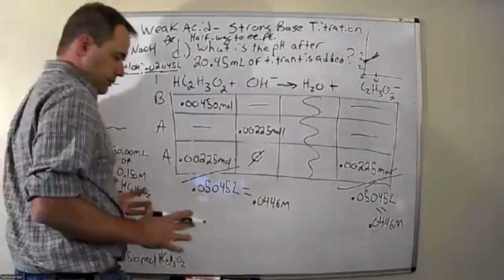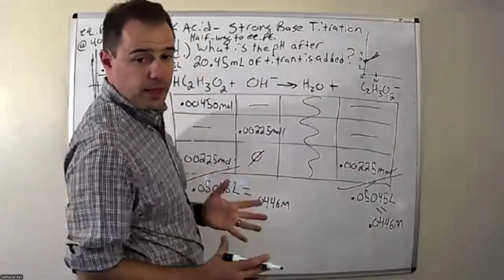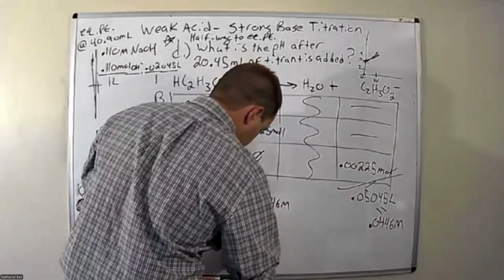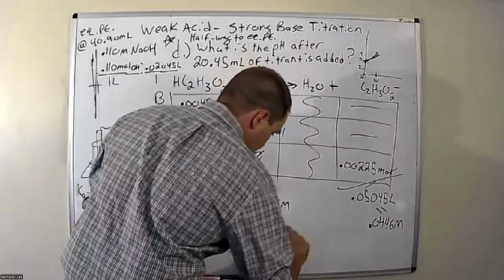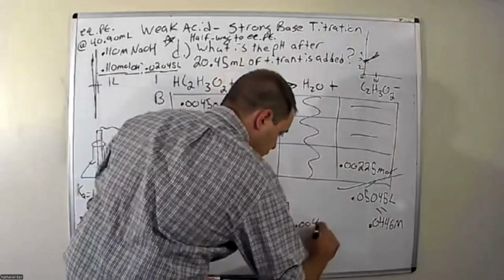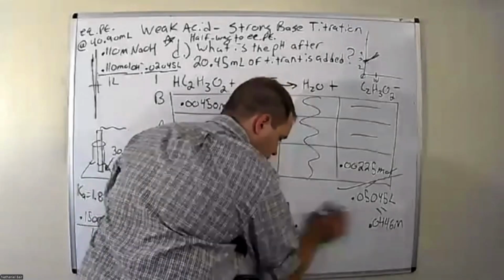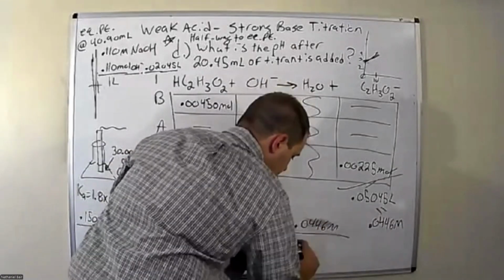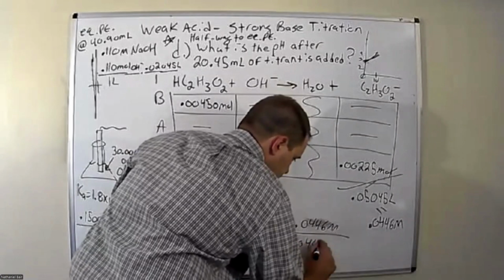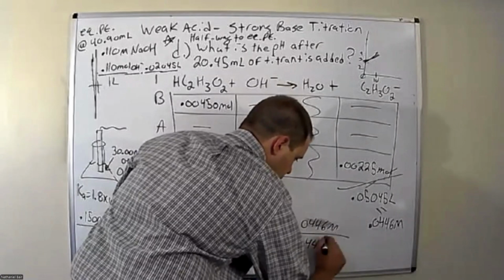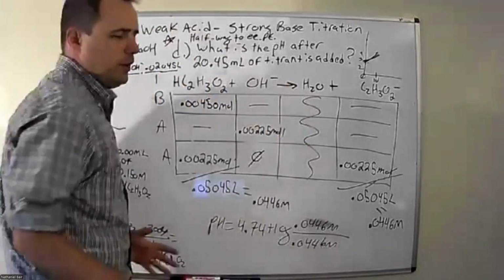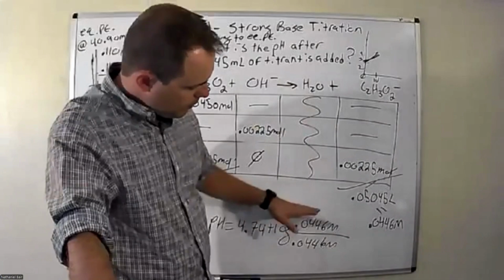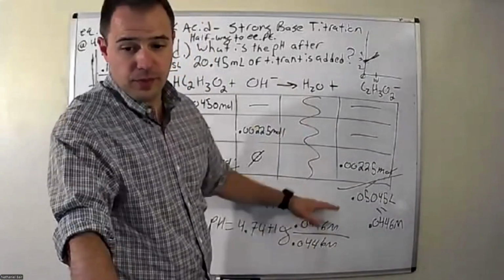And now we can get the pH using the Henderson-Hasselbalch equation. So pH equals the pKa, 4.74, plus the log of the base, 0.0446 molar, divided by the concentration of the acid, 0.0446 molar. And what do you get with a 1-to-1 buffer? When you have a 1-to-1 buffer, the amount of acid and base are the same.